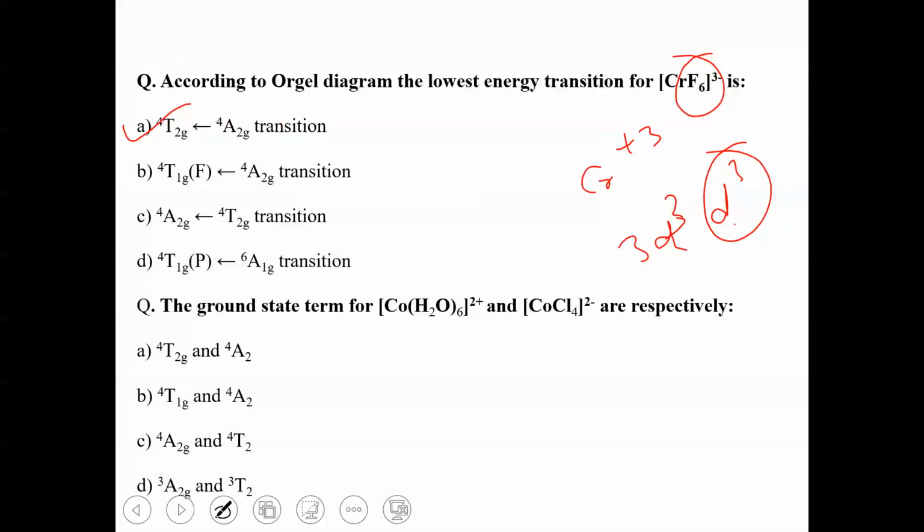Okay, the next one is the ground state term for these two complexes. The first one is octahedral and the second one is tetrahedral, respectively. Just identify the electronic configuration. It is having d7, and the other is also having d7, but they have different geometries. One is octahedral and the other is tetrahedral geometry.